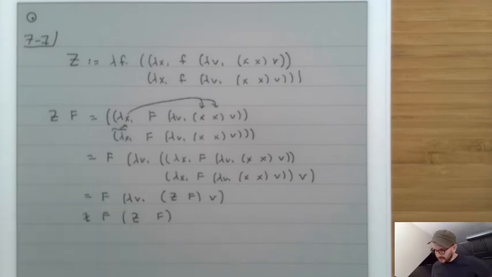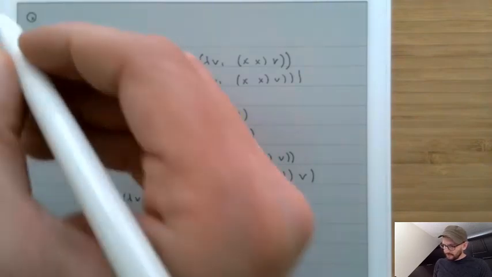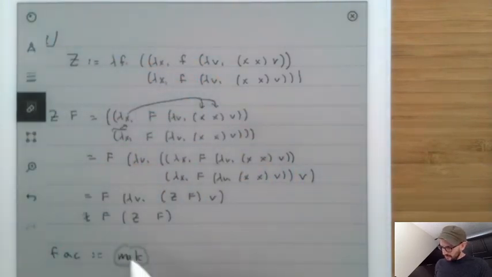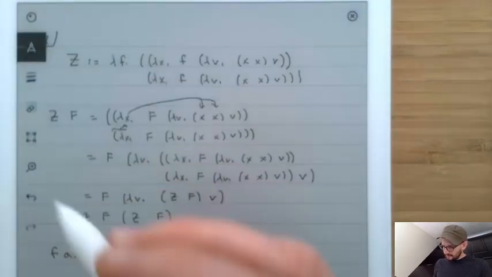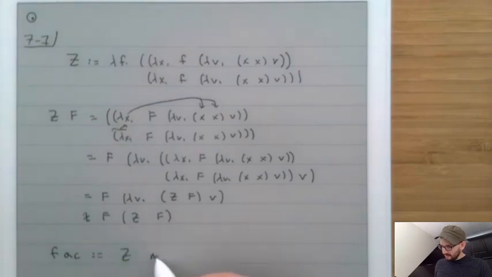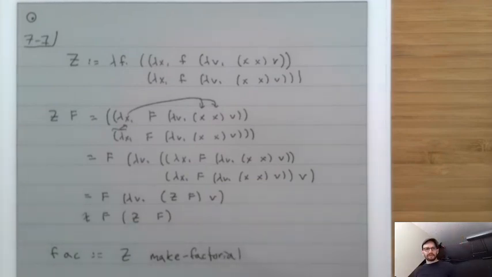In other words, we then would know that factorial is equal to calling z with make factorial. So if you call z with make factorial, it will return a factorial function.